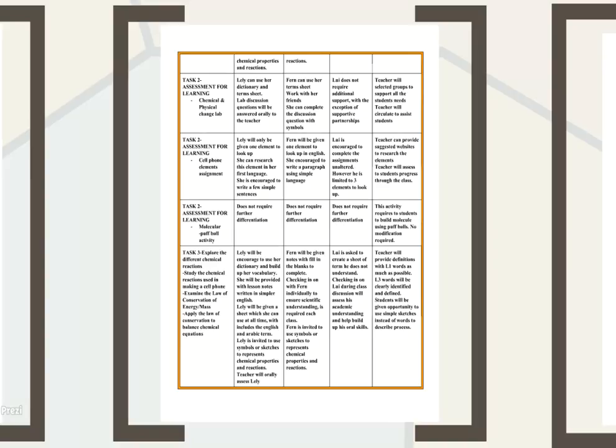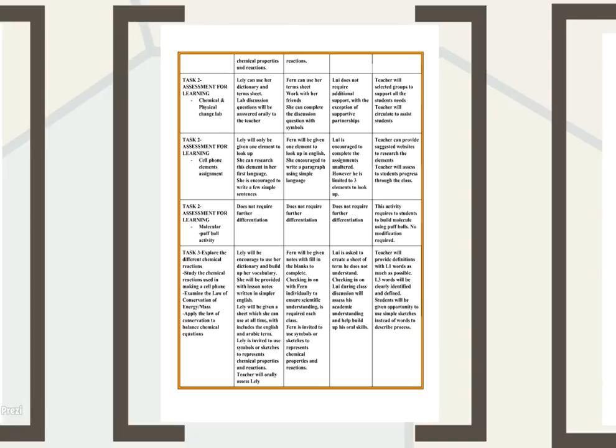So those are always available to her when doing any of the work. And when we're looking at the final product that students are submitting, so the lab discussion questions, Lily is allowed to answer those orally to the teacher. And she can be encouraged to write some simple sentences down, but orally is what she's going to be assessed as. And for Fern, we're looking at her using that term sheet, making sure she's paired with partners.